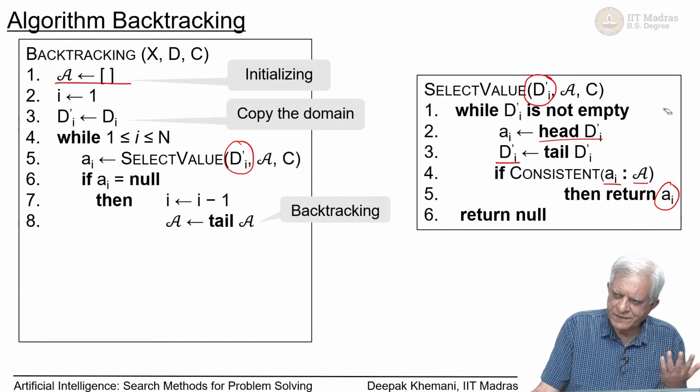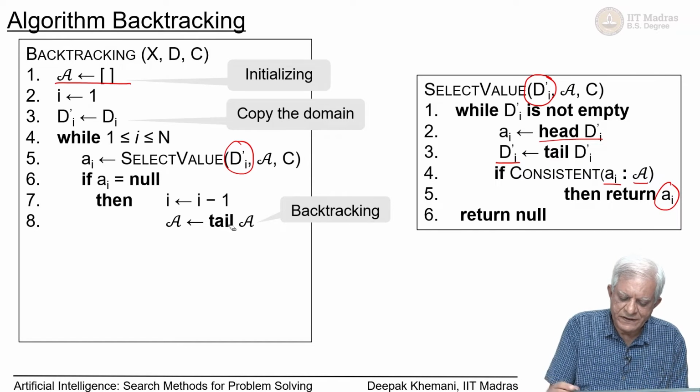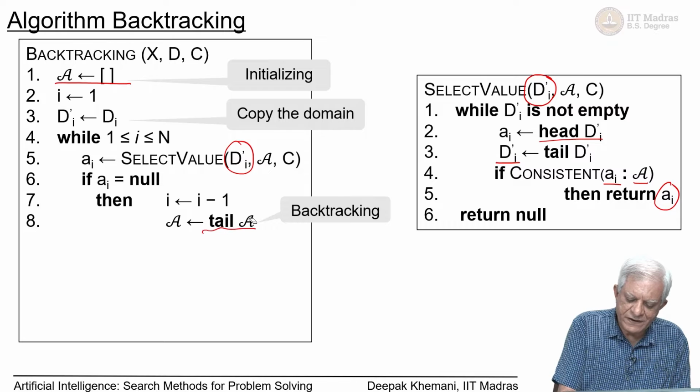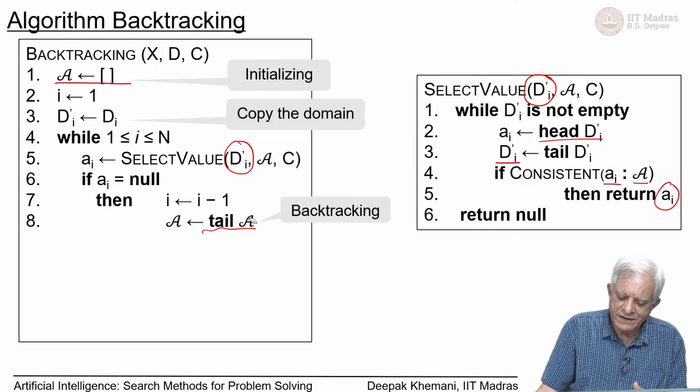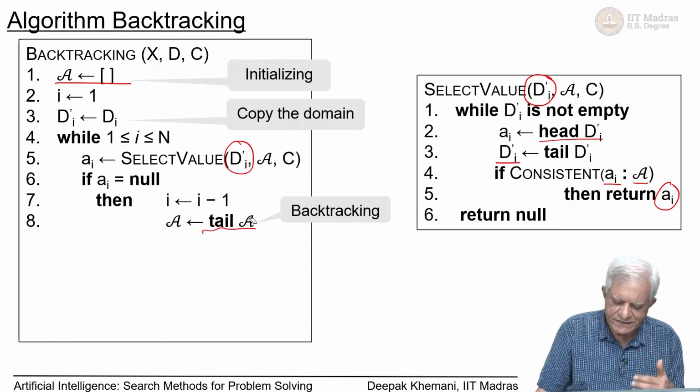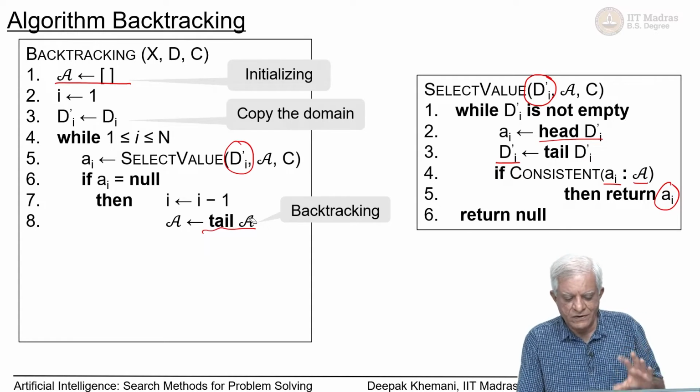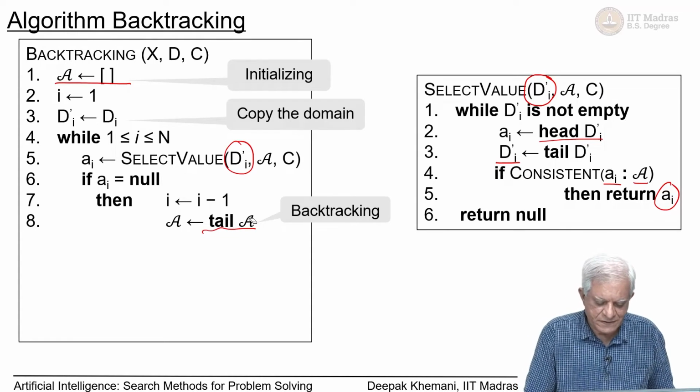So, we go back to the previous variable i minus 1, and we remove the last value that we had selected for A, keep the rest of the values, and say this is the assignment. We are going to look for a new value for Ai minus 1, for xi minus 1.